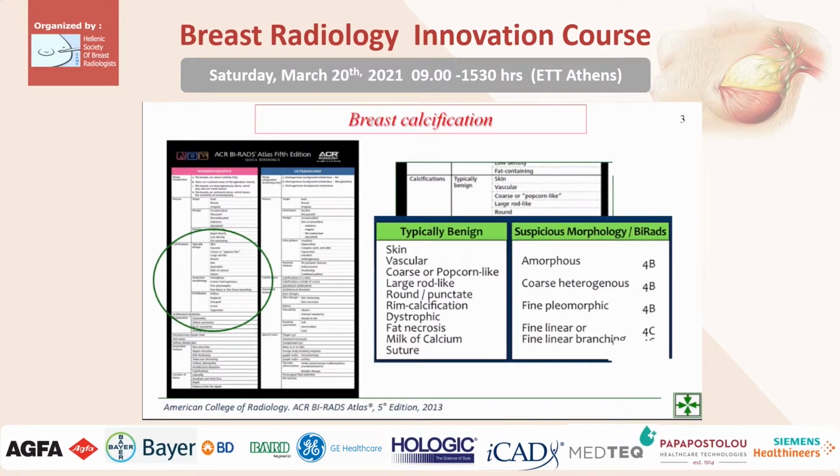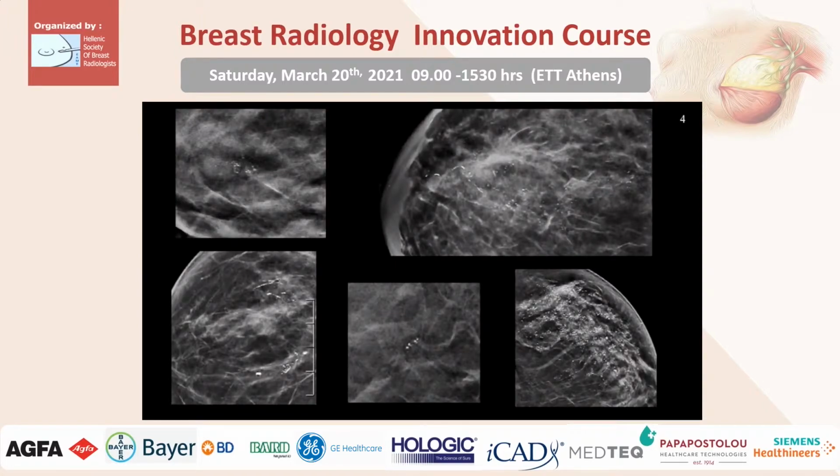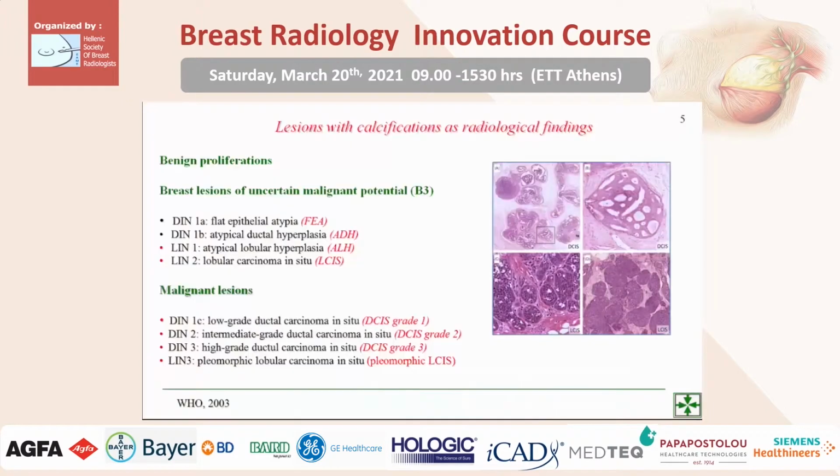In particular, I divide suspicious calcifications into 3 groups: BI-RADS 4A with a suspicion inferior to 10%, 4B with a suspicion between 10 and 50%, and 4C with a suspicion between 50% and 95%. BI-RADS 5 is greater than 95% suspicion. Here are some examples: 4B, 4A, 4C, 4B, 4B, and BI-RADS 5.